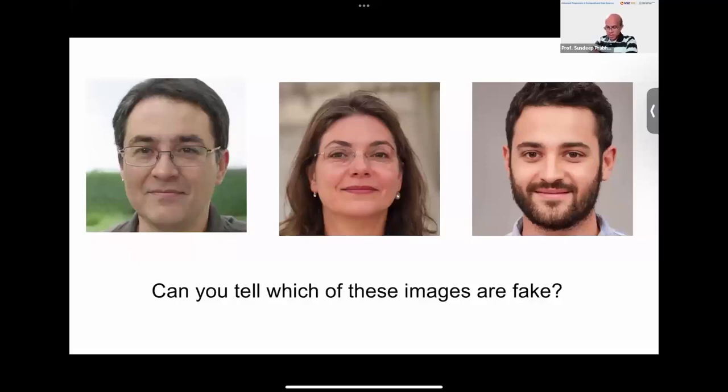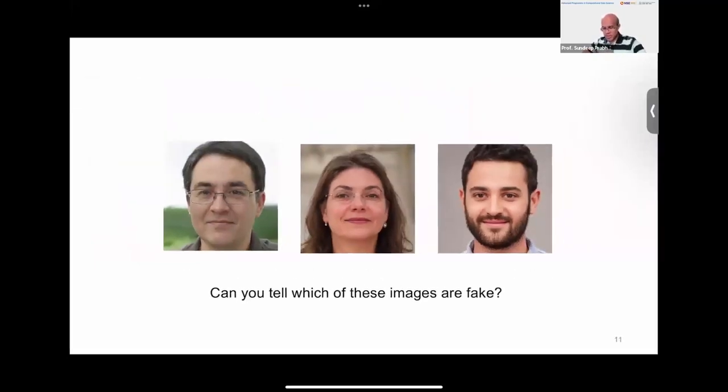Okay, so actually the images that we show here are all computer generated images. So you can see the transition in the technology from the images that were generated from the variational autoencoder to what we see at this point.